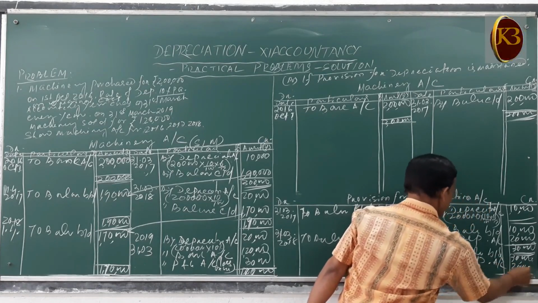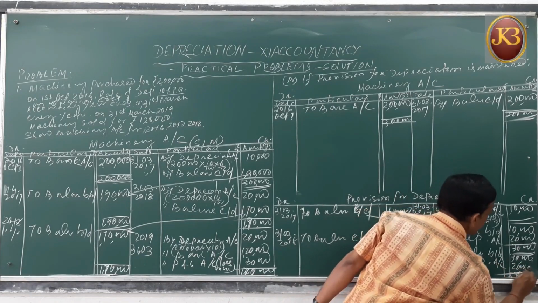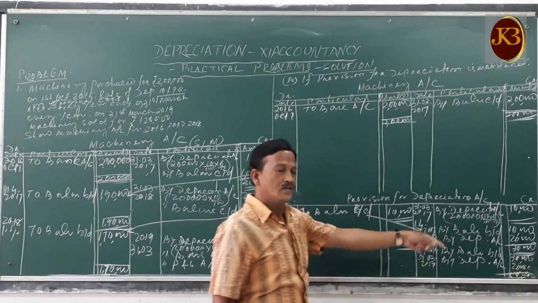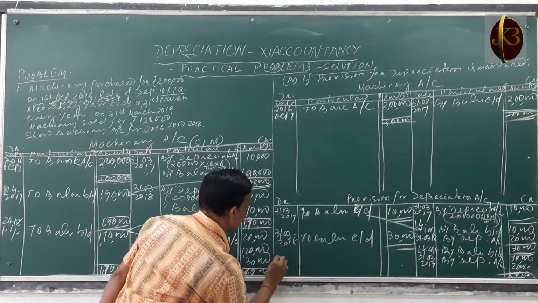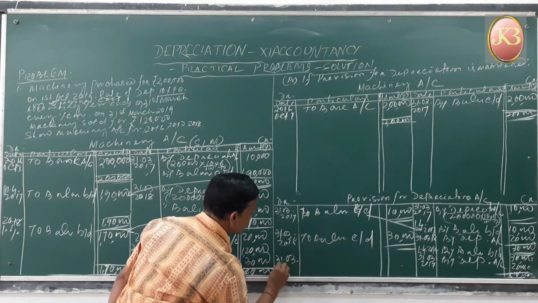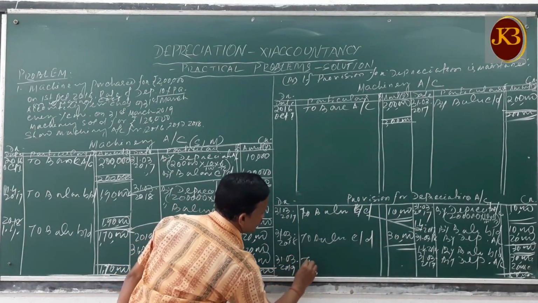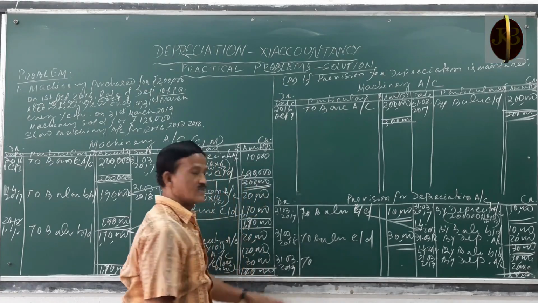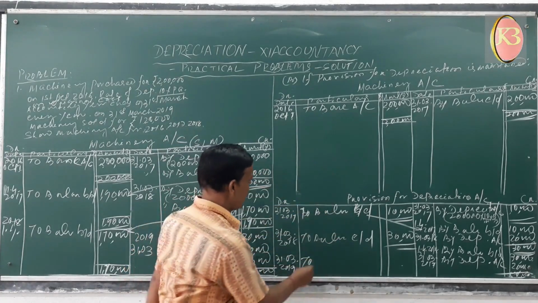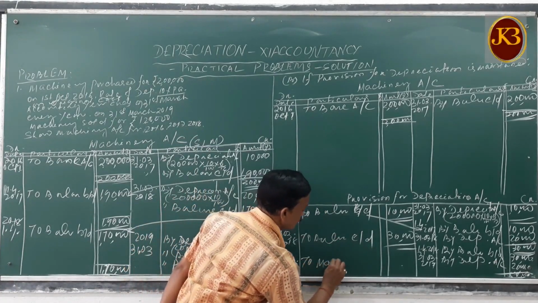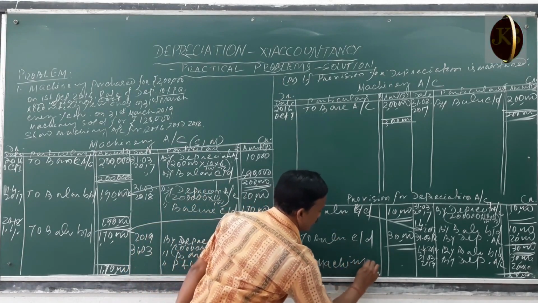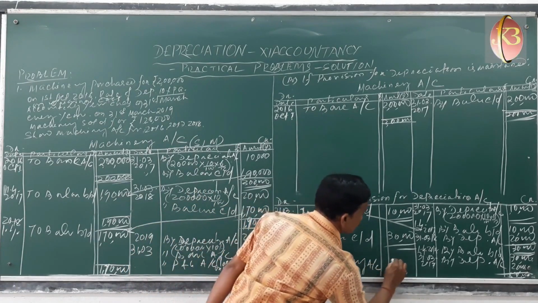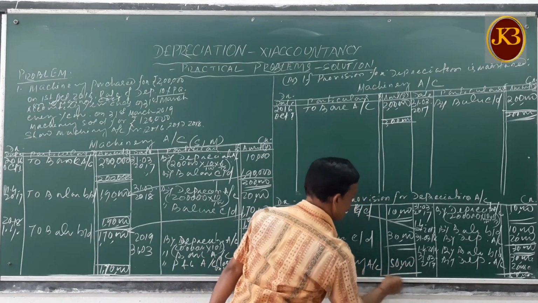So the total is 50,000. On 31st March 2019, the machinery is sold, so this 50,000 is transferred to the machinery account.